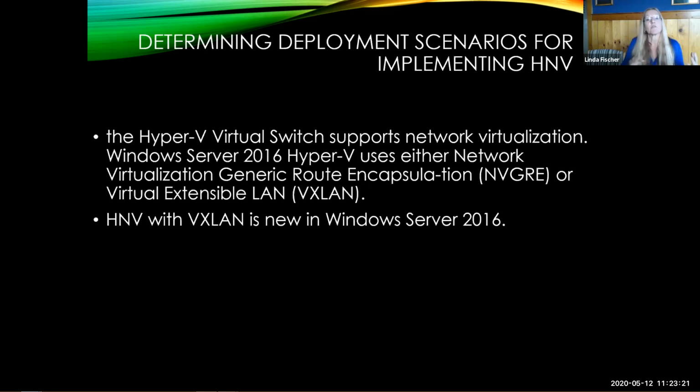VXLAN is Virtual Extensible LAN, and that uses VLAN-like encapsulation techniques to encapsulate our MAC-based OSI layer 2 Ethernet frames within layer 4 UDP packets. By default, it's going to be using UDP port 4789. Our VXLAN endpoints, which terminate VXLAN tunnels, could be either virtual or physical switch ports, and they're known as VXLAN tunnel endpoints, or VTEPs.